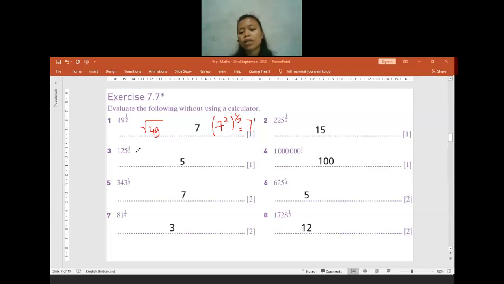For question 6, you have to find the fourth root of 625, or you can change it into index numbers and simplify all of the indices. That is also fine. For question 7, same, find the fourth root, or you can change everything into index numbers and then simplify the indices. For question 8, you have to find the cube root of 1728. Any questions so far, or maybe you need more explanation or more steps, you can tell me.